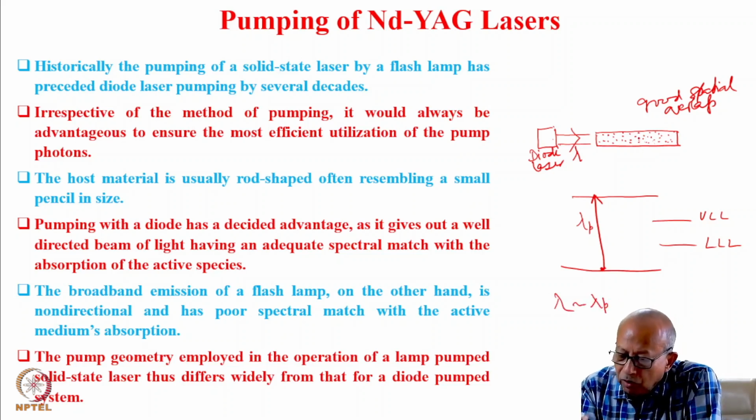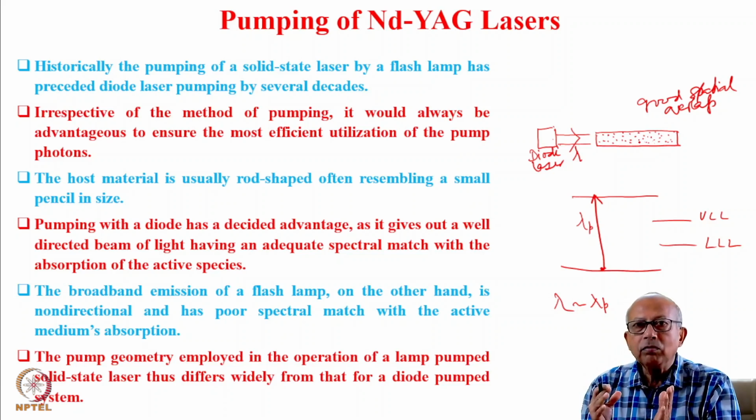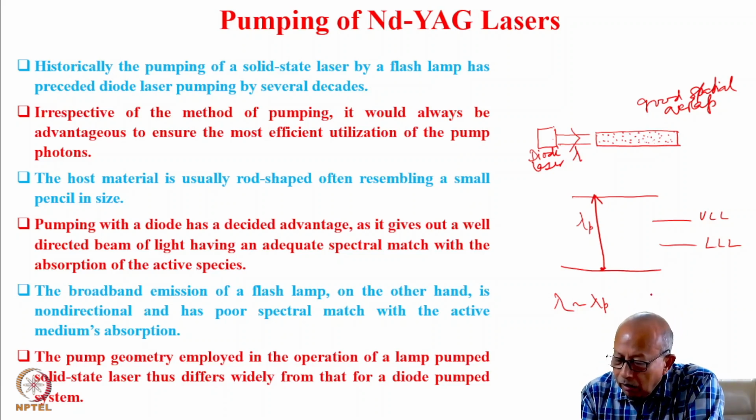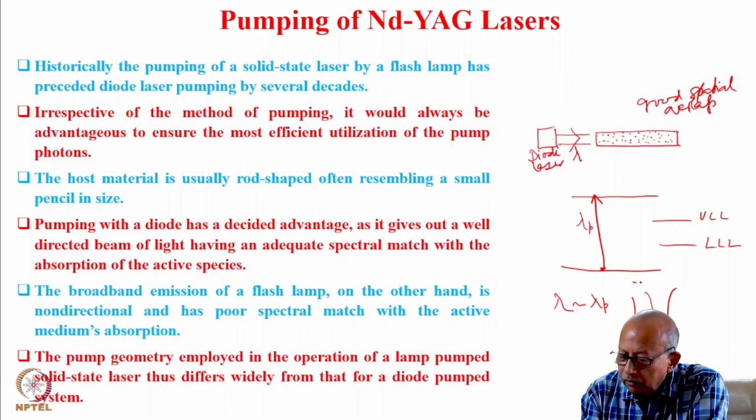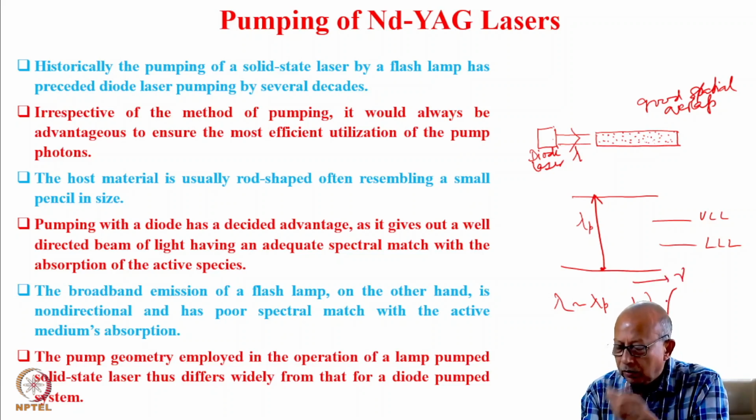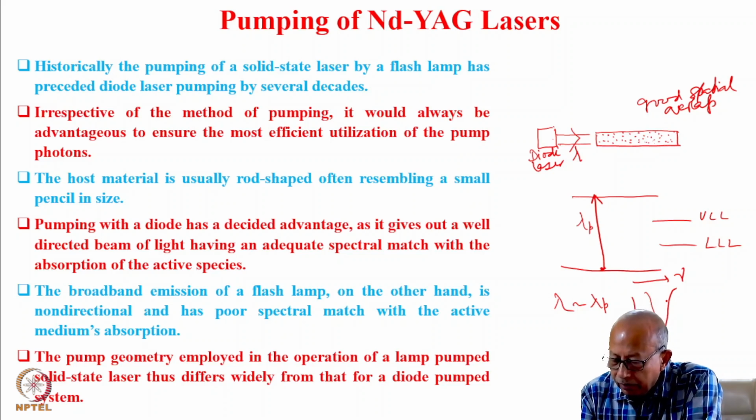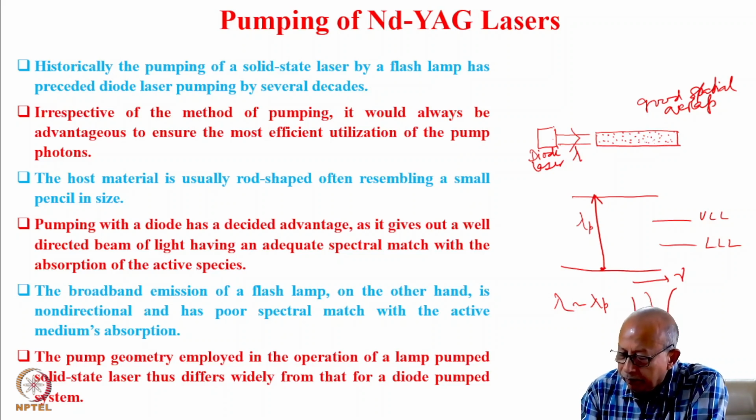And the absorption has a width. So this is the absorption feature, absorption as a function of frequency. And this is wavelength lambda p, the line center of absorption.